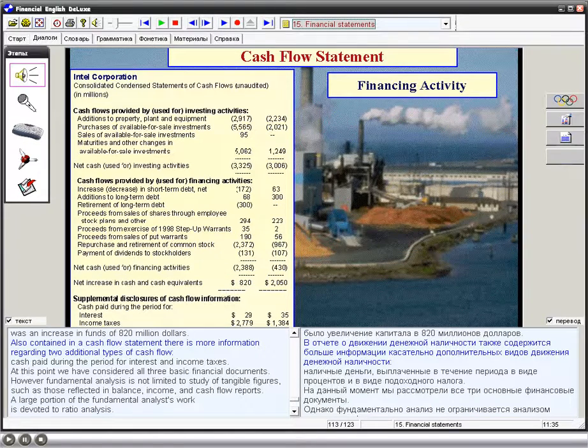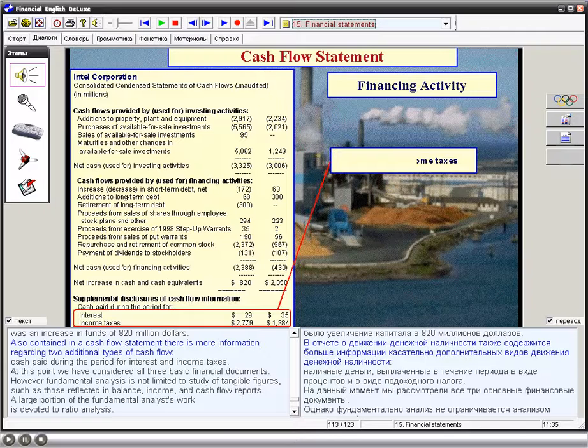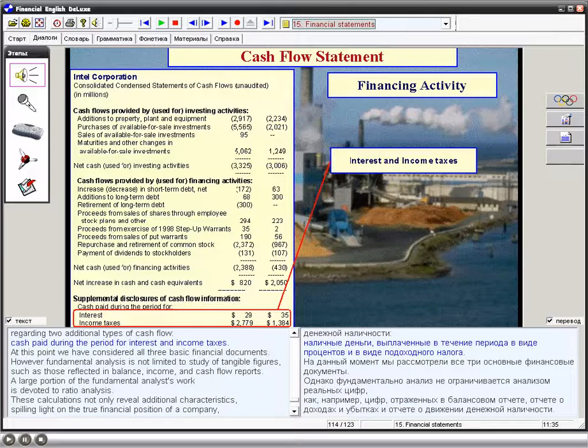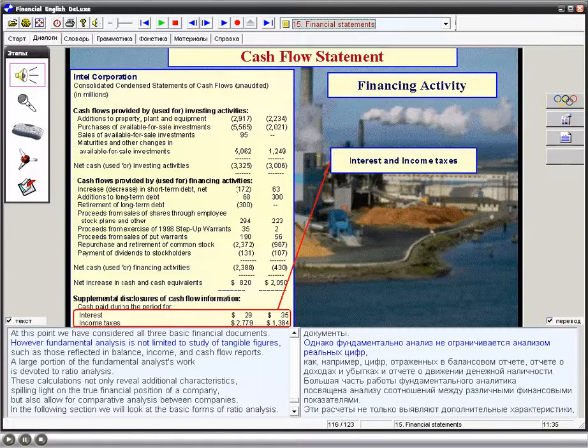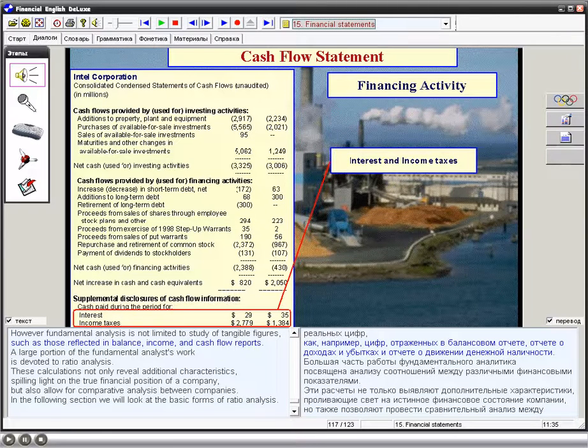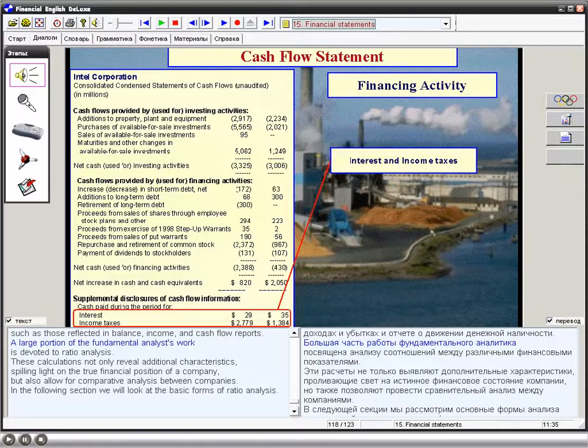Also contained in the cash flow statement is some more information regarding two additional types of cash flow: cash paid during the period for interest and income taxes. At this point, we've considered all three basic financial documents. However, fundamental analysis is not limited to the study of tangible figures, such as those reflected in balance, income, and cash flow reports.